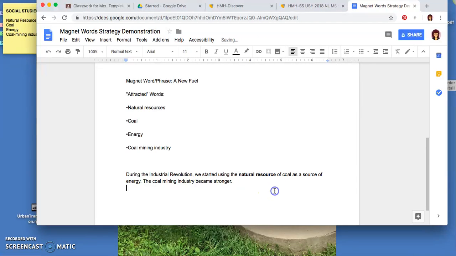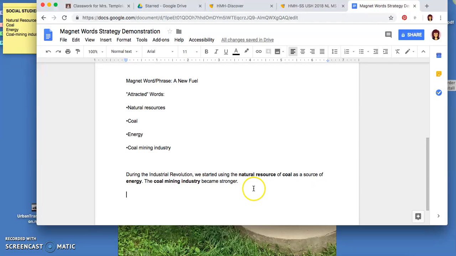And notice that I changed natural resources to natural resource. That's fine. You can change parts of speech. You can change the number of something as long as you're not changing the meaning too much. And I'm highlighting my words just to show myself that I've used them.